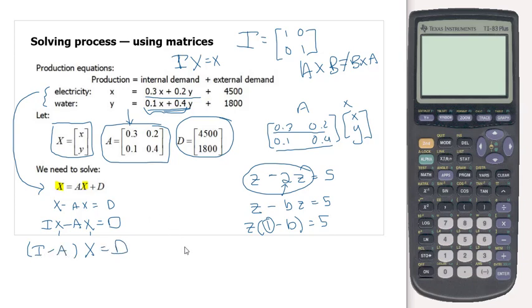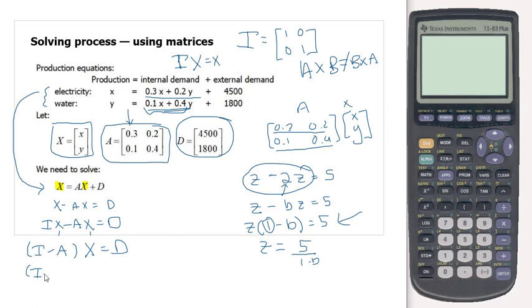And then the last thing we need to do is just get X by itself. Over here, we could just divide both sides by 1 minus b, and get 5 over 1 minus b. But we can't do that in matrices because we don't have matrix division. What we can do is multiply both sides by the inverse.